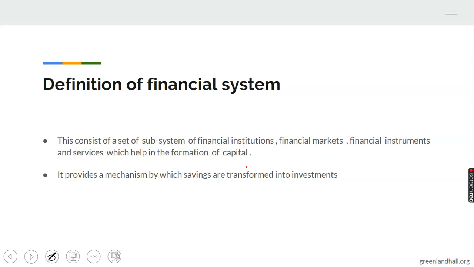By the way, when we use the word system, what does that mean to you? When we say a system is made up of different units that interact together or that work together.